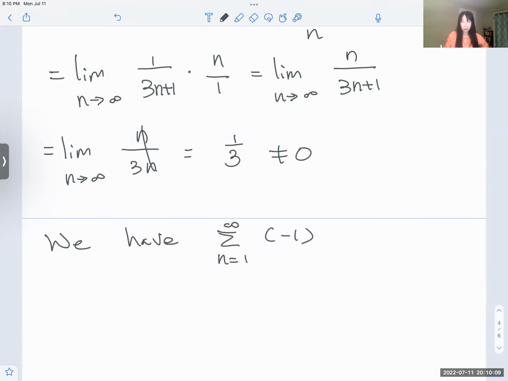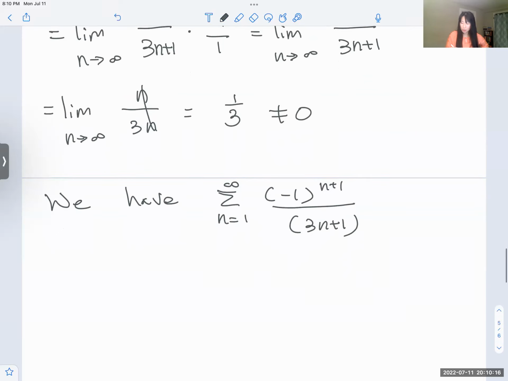We have -1 to the n plus 1 over 3n plus 1. We're going to show b sub n plus 1 is less than b sub n. Do we have the equal sign? I don't think so.